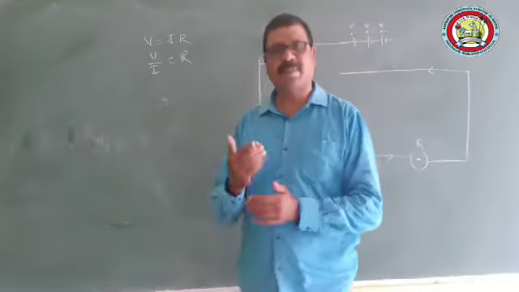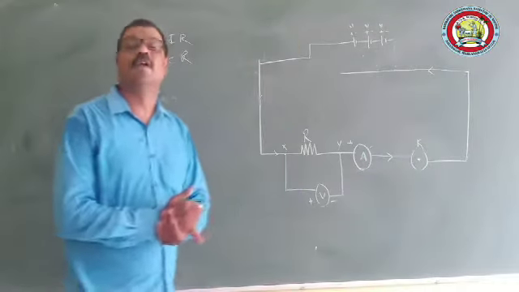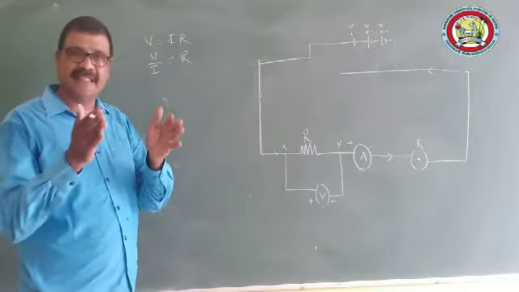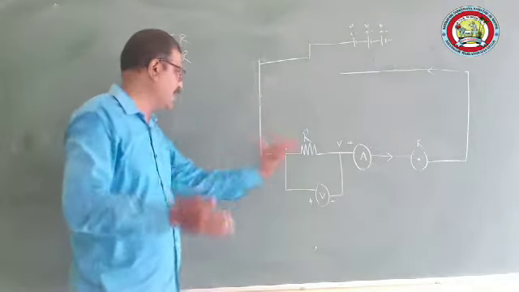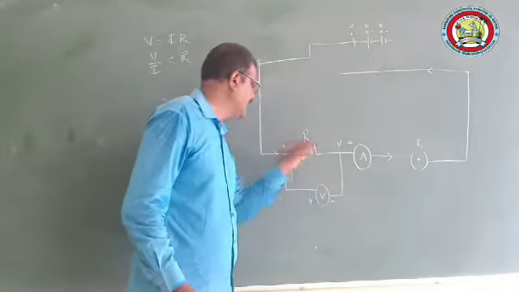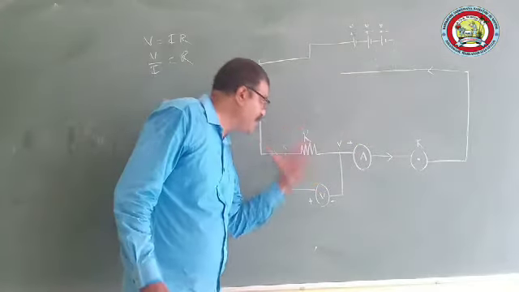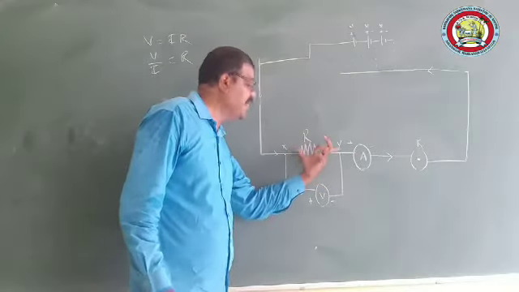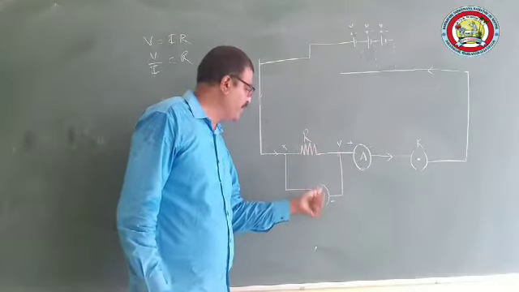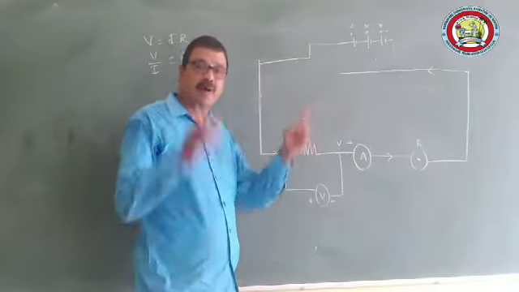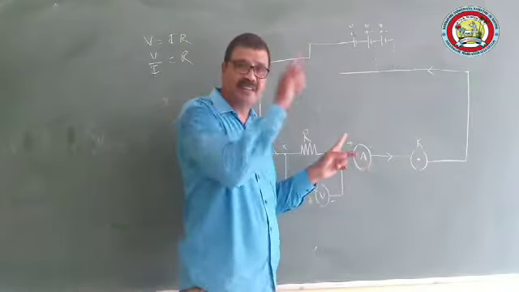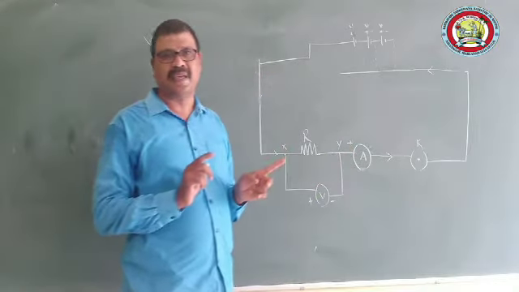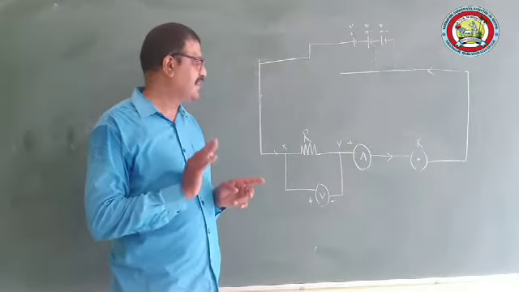What is the basic definition of potential difference? It is the work done in moving a charge from one point to another. X and Y are the 2 points, and I am measuring the potential difference between them. Therefore, we always connect the voltmeter in parallel, while we connect the ammeter always in series.